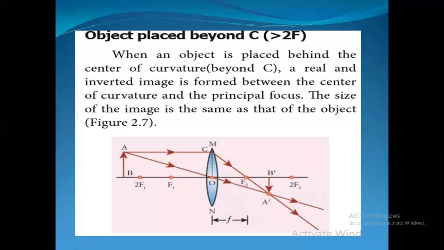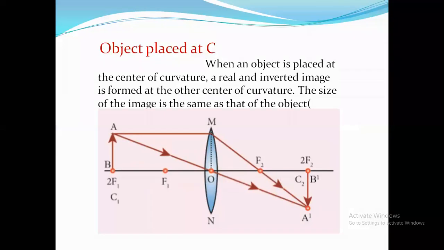Next, the object placed at C. So now we keep the object at C. The two rays pass through the convex lens and then converge at one point, C, the center of curvature. When the object is placed at the center of curvature, a real and inverted image is formed on the other side of the center of curvature.